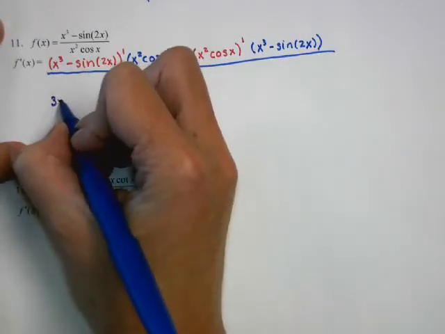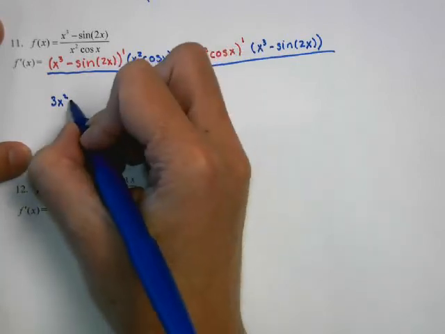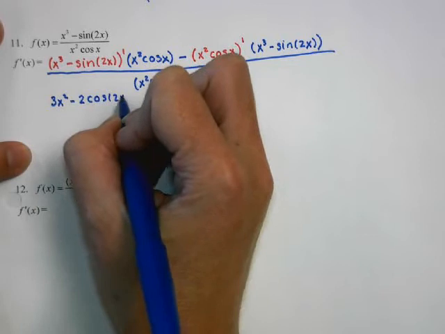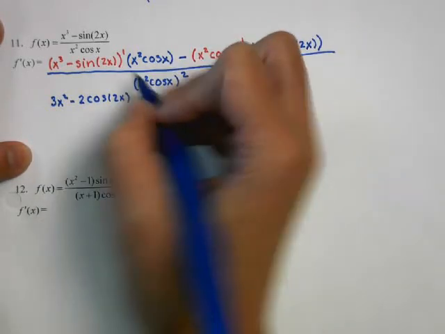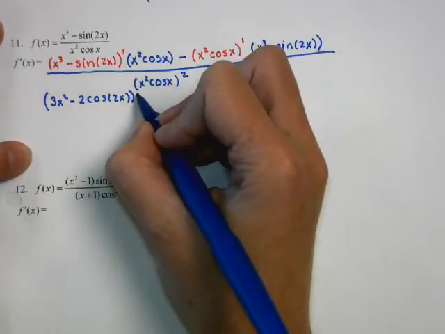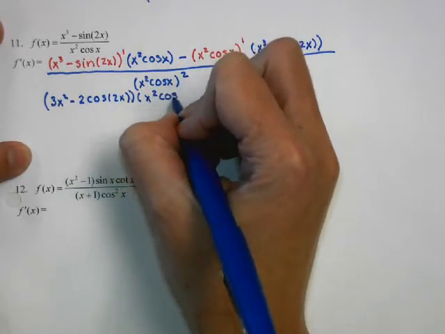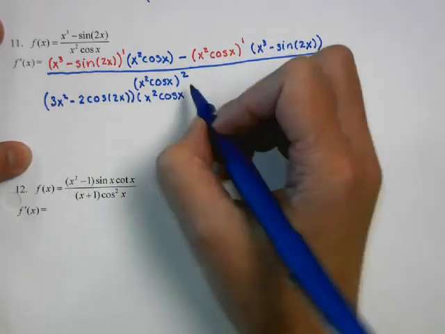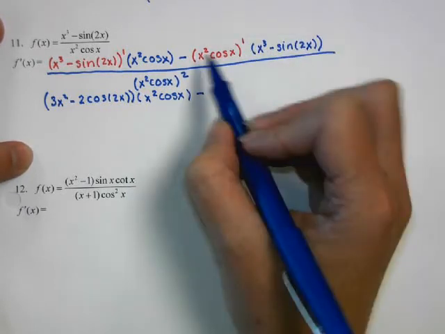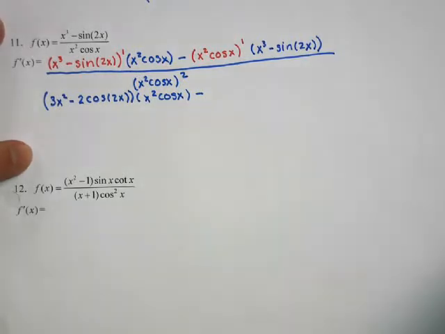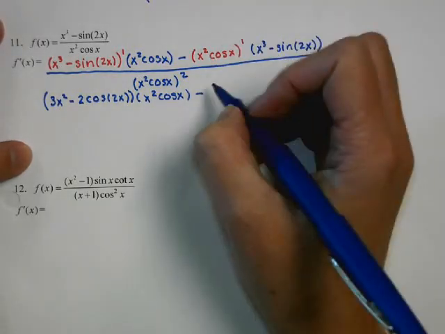So we're going to have (3x squared minus 2 cosine 2x) times x squared cosine x, minus this derivative is a product. So now I need to do the product rule here.